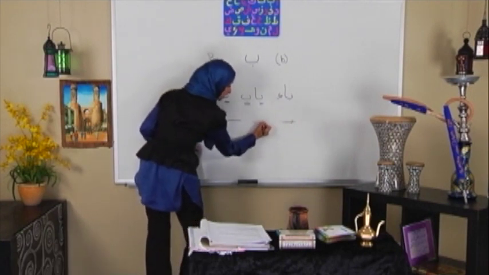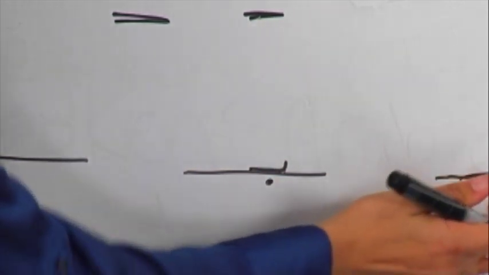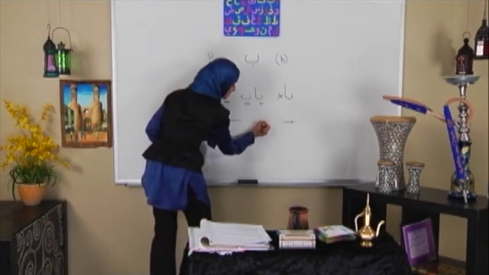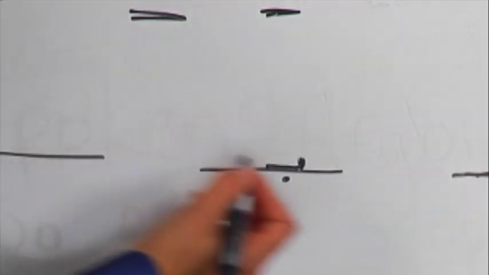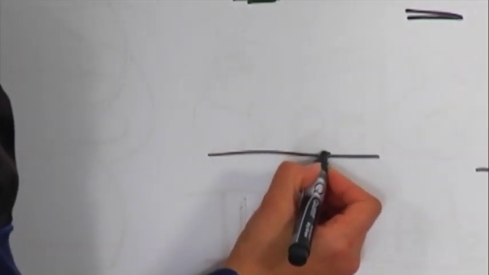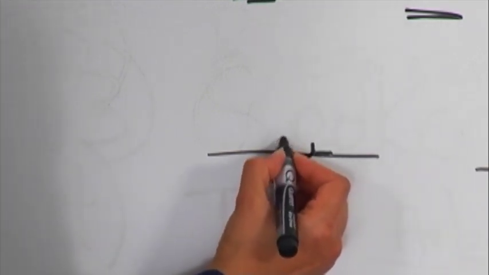In the middle, the ba would simply be the same as in the beginning, and it would connect with the following letter and also the previous letter. So we call these teeth because they stick out. And so you have one tooth and then a line to the left. And then finally at the end, the ba would be connected from the right, and you would simply write it fully on the line with the dot at the bottom. And that's how you write your ba.